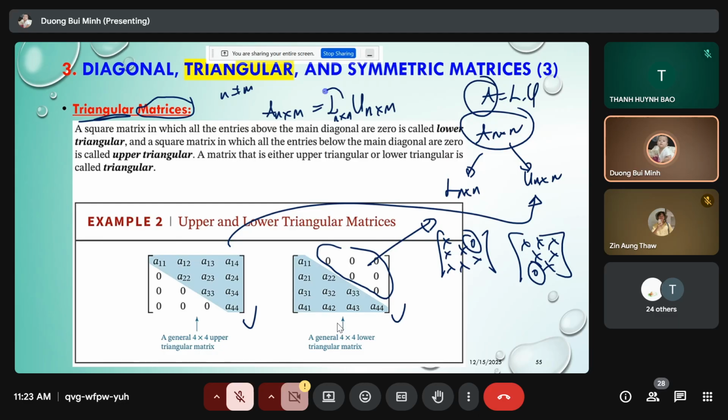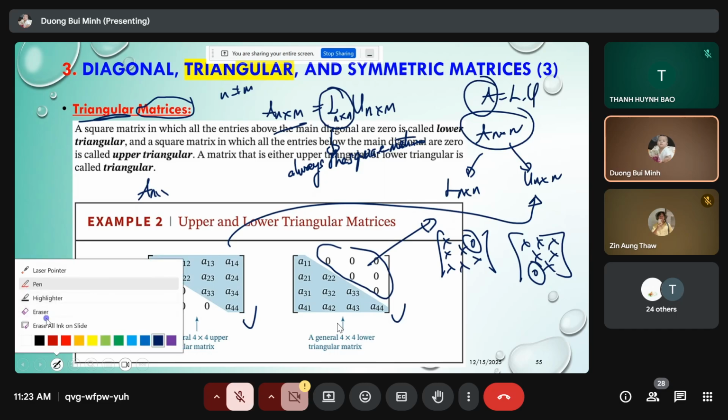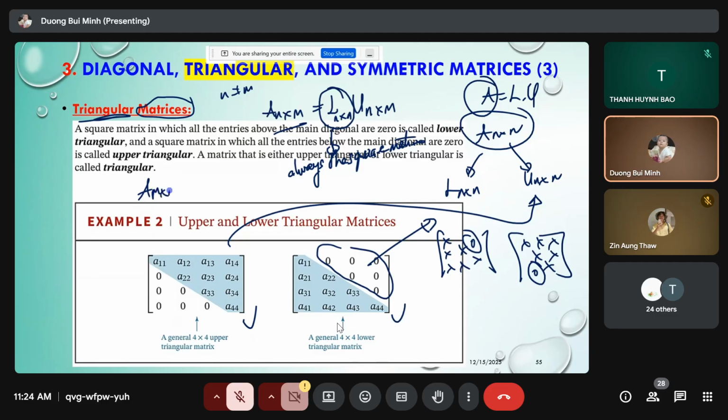So L is always a square matrix. I just told you some steps to get the decomposition of A if A is a square matrix, or A is m by n, we can get L m by m and U m by n.